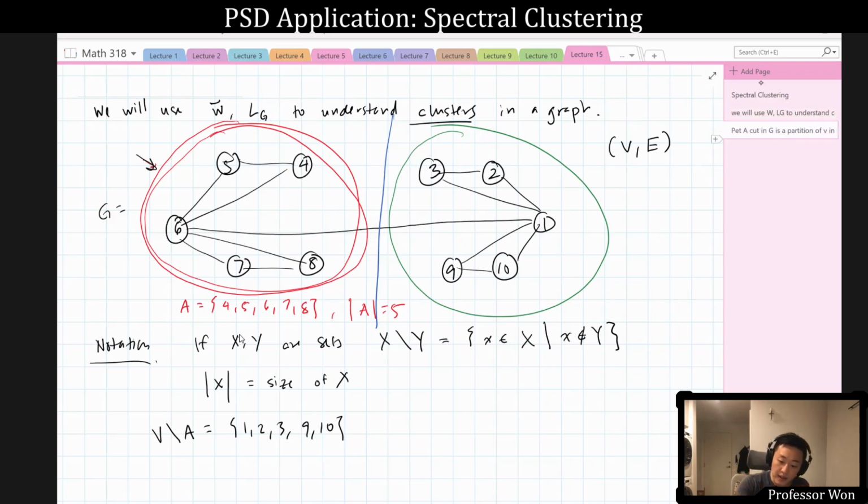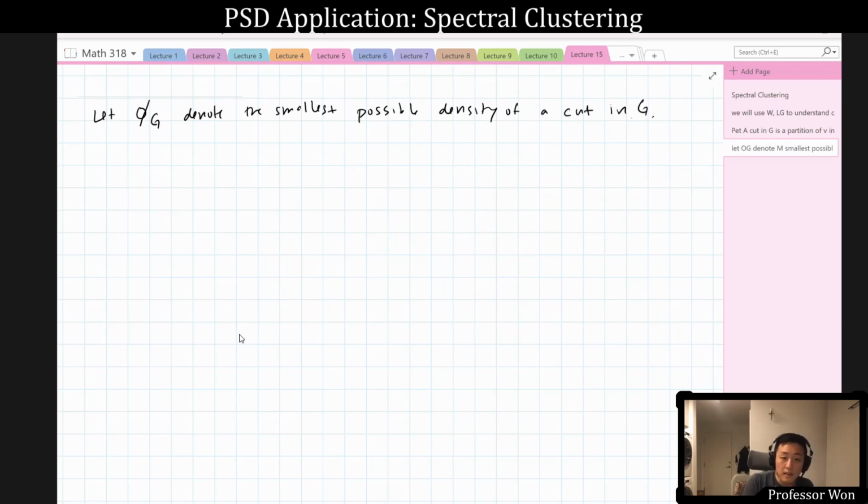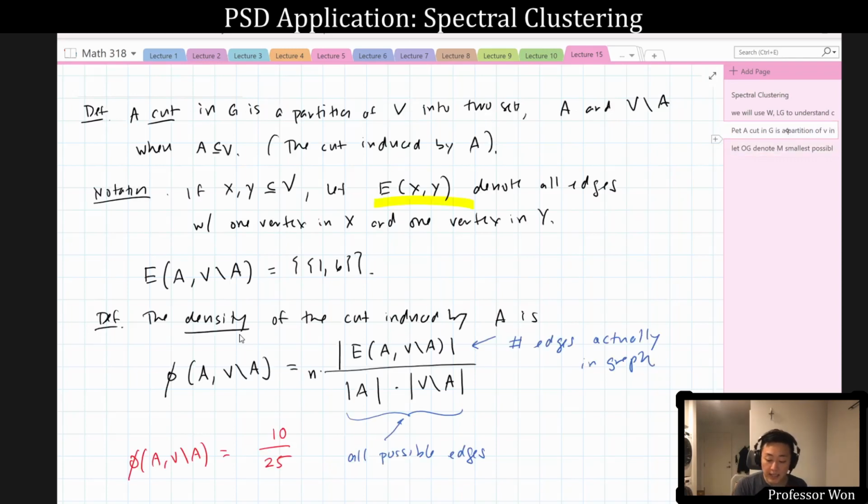Okay, so we'll let phi sub G denote the smallest possible density of a cut in G. So if you look at all possible cuts, you look at all their densities, there are only finitely many cuts, and so there will be a smallest one.